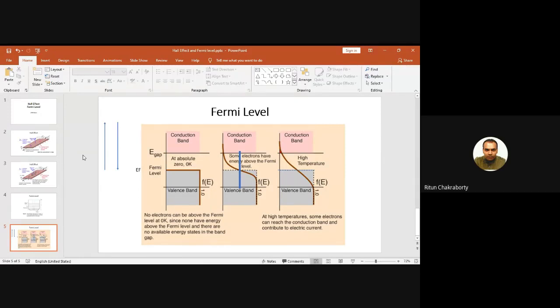In a semiconducting material, this concentration of electrons can be, if I am right, around 10 to the power 16 per centimeter cube, something like that.